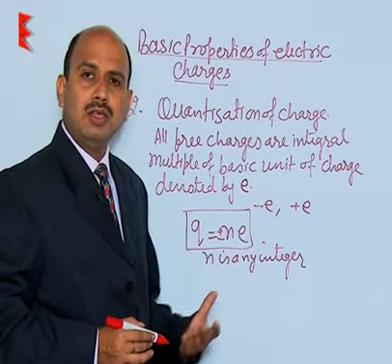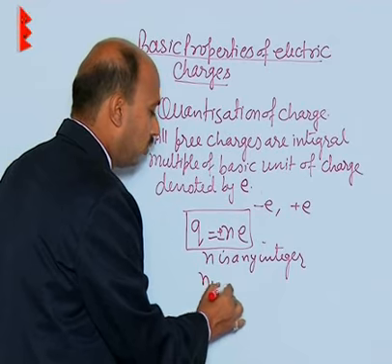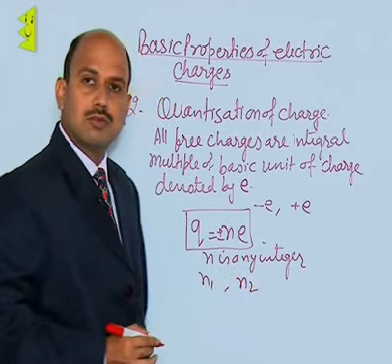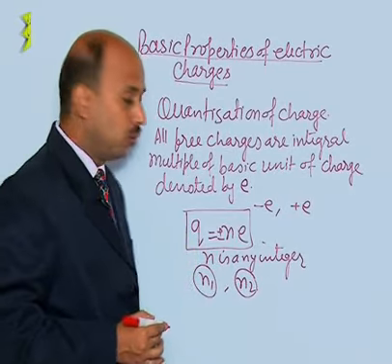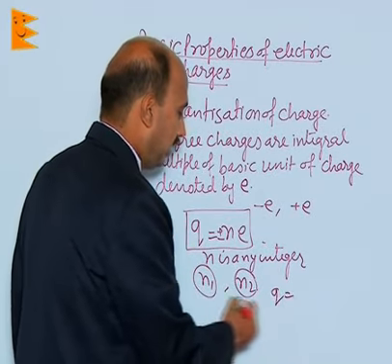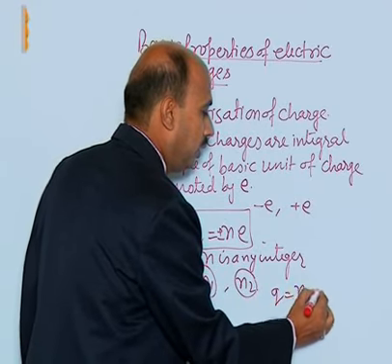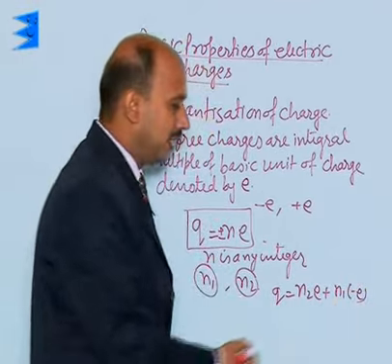Now any body or any atom, suppose it contains N1 number of electrons and N2 number of protons. So N1 is the number of electrons, N2 is the number of protons. So we can write Q is equal to the total charge, N2E plus N1 into minus E, because for electron we write negative charge.